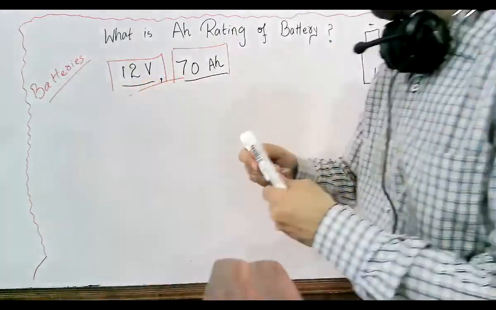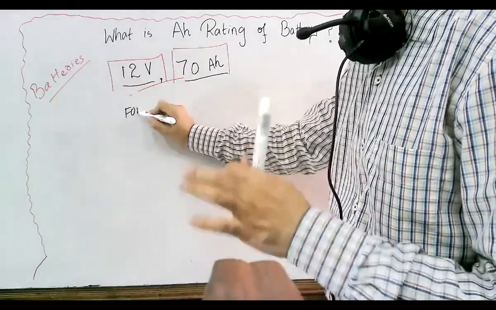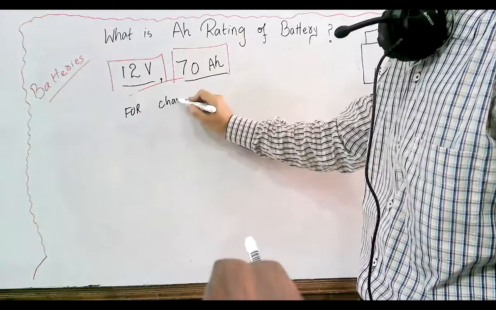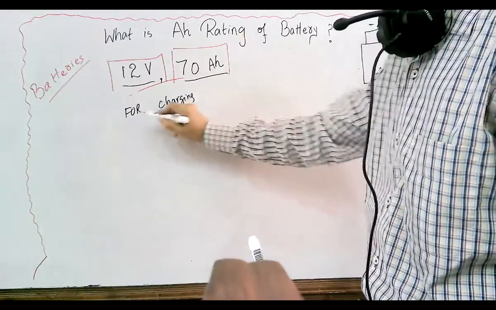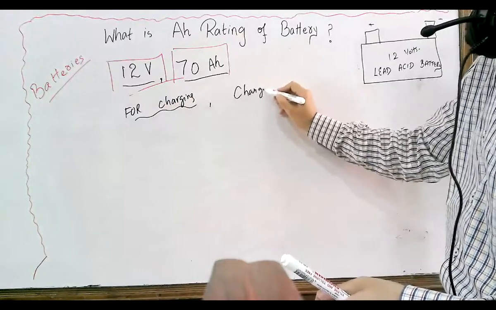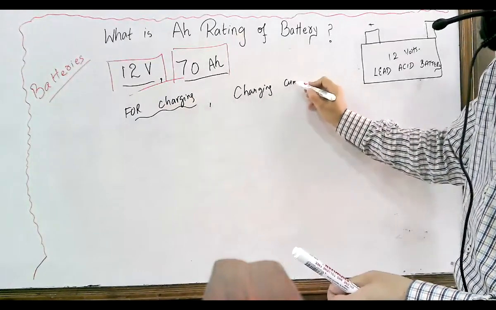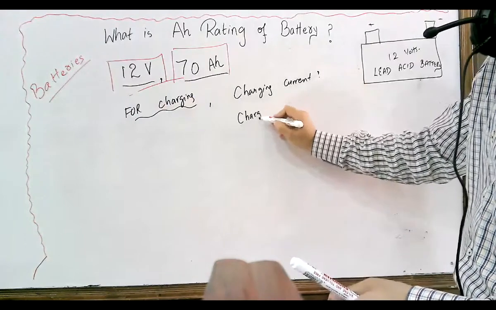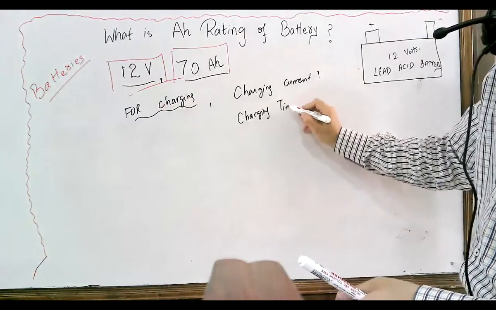Now for charging, this is a thumb rule and standard and universally accepted. For charging, we are interested in the charging current and the charging time. What does the charging time mean?